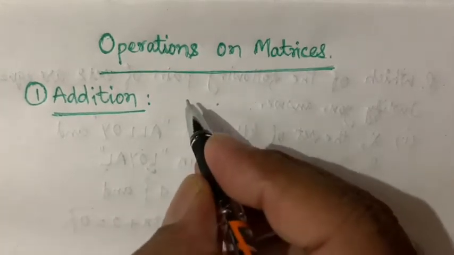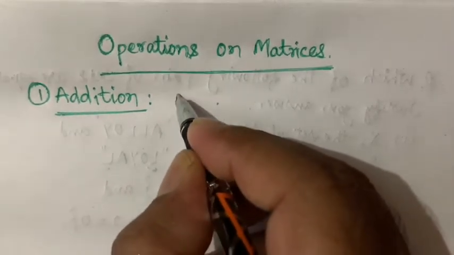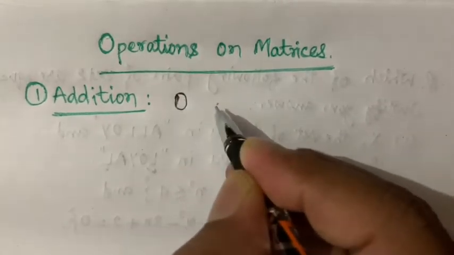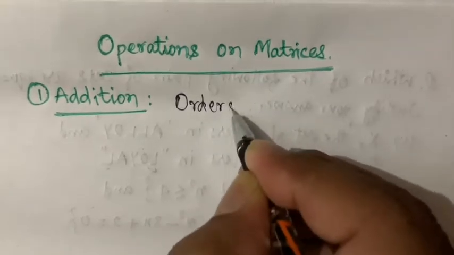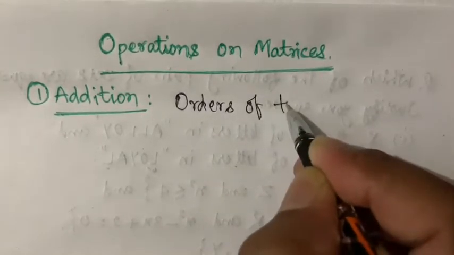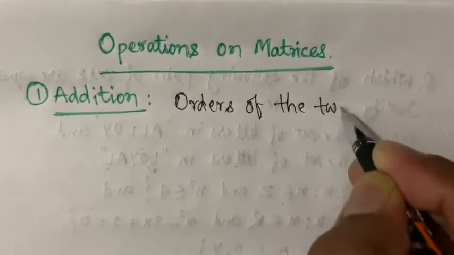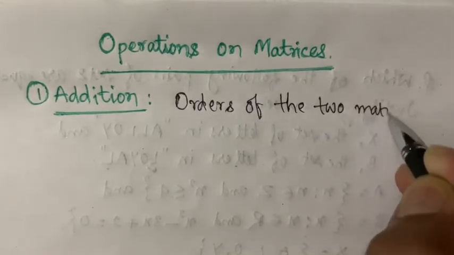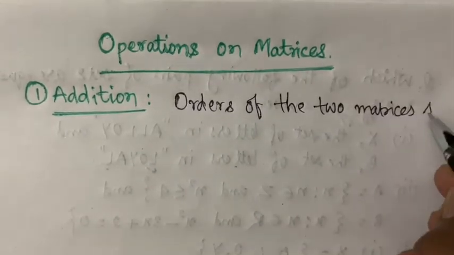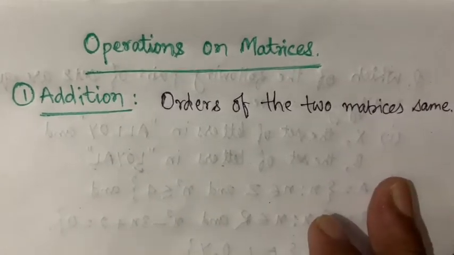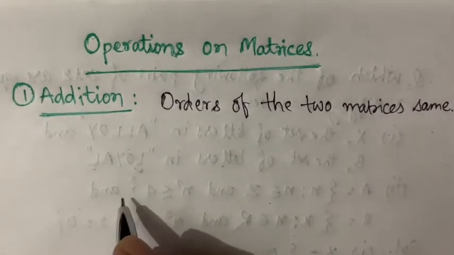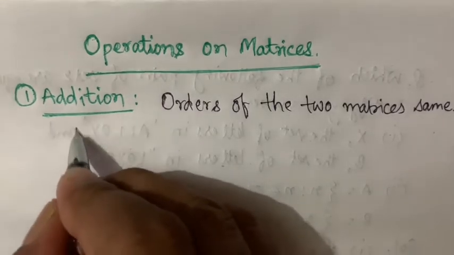When is addition between two matrices possible? For addition to be possible, we must have the orders of the two matrices the same. Orders of the two matrices must be the same, then only we can add two matrices.